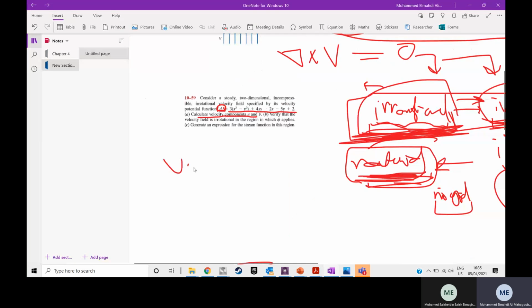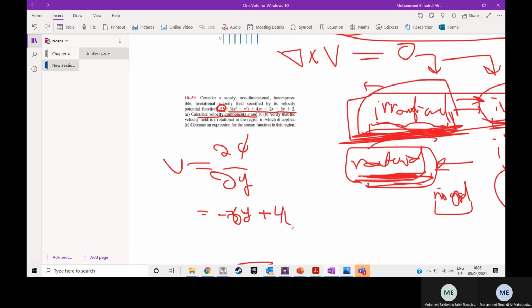What is the v component? It is the derivative of the velocity potential with respect to y, and the derivative with respect to y is minus 3y. Right? Then the 2 comes down, so it will be minus 6y, minus 6y plus 4x and then minus 5.